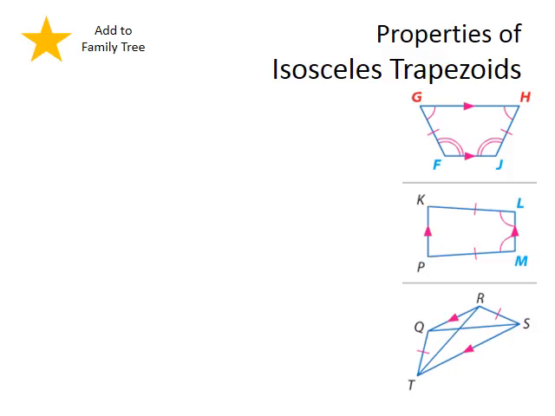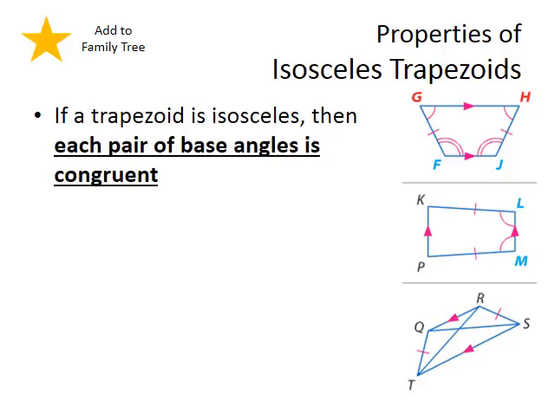Okay, isosceles trapezoids are a special kind of trapezoid. Again, anything you see in bold is what you would add to your family tree under isosceles trapezoids. Each of these properties will also help you identify the difference between a regular trapezoid and an isosceles trapezoid. So the first big thing for isosceles trapezoid is it's got each pair of base angles congruent.